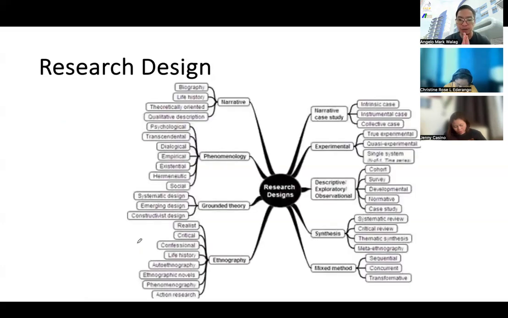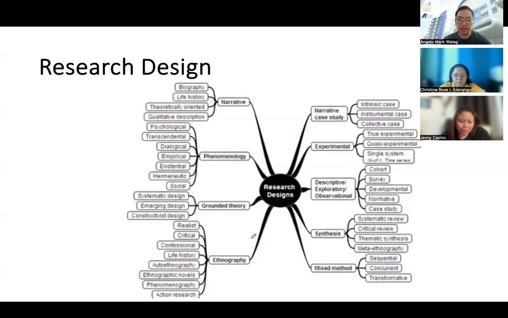So remember, we have a lot of research designs you can use. Pardon me for the poor quality of the photo, but this is the only photo I saw on Google that encapsulates many of the designs we use now. So here, these are various research designs: quali, quanti, and even mixed methods.